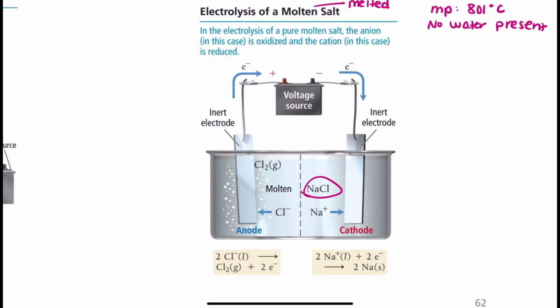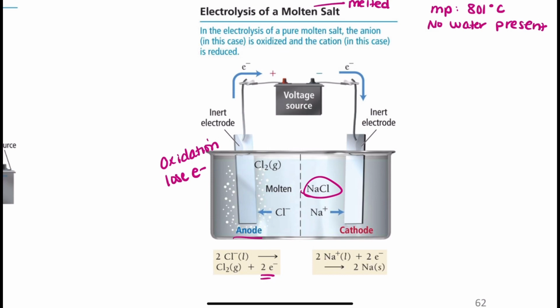We can see here at the anode 2 moles of chloride ions reacting to produce 1 mole of chlorine gas and 2 electrons. Again, anode, oxidation, loss of electrons, and that's what we see here.